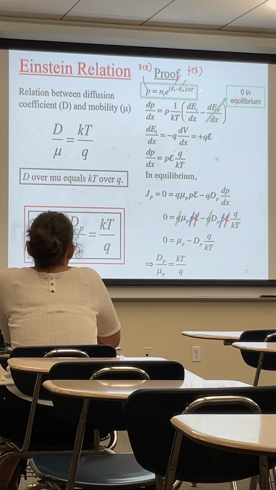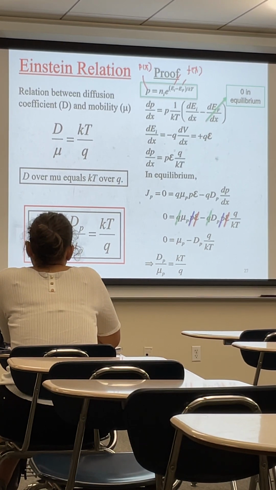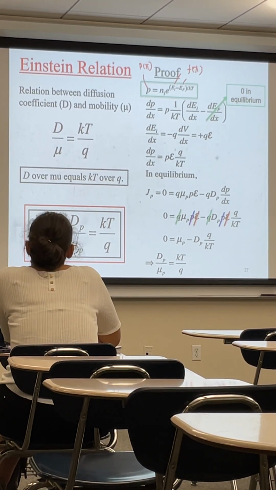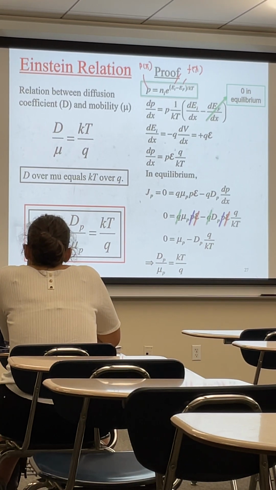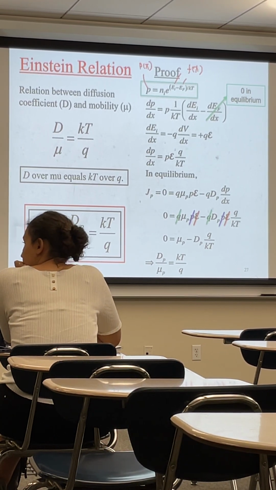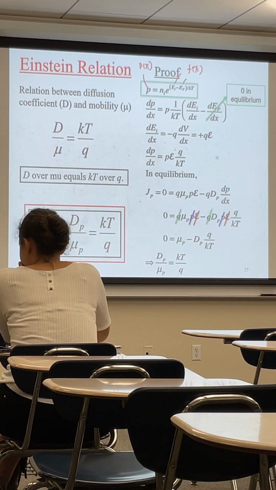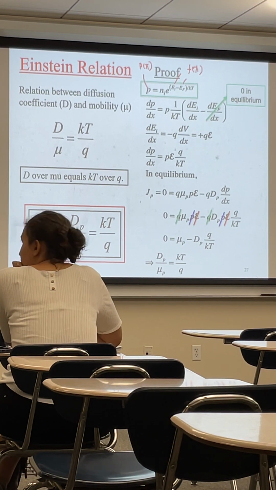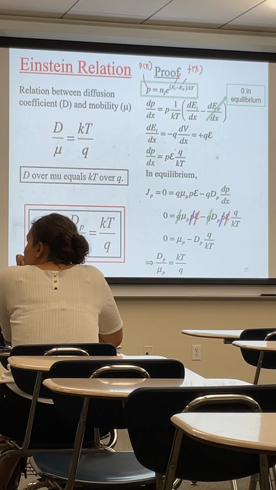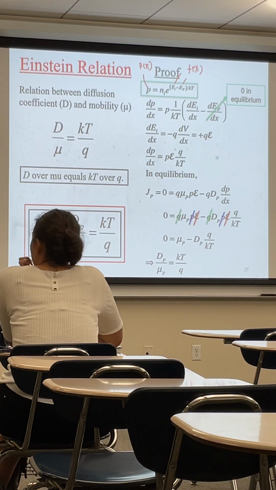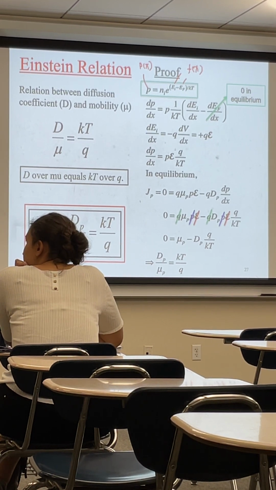On the right side, we have the exponential term, so let's write it down here: d of n_i exponential of (E_i minus E_F) over kT, over dx. n_i is a constant.